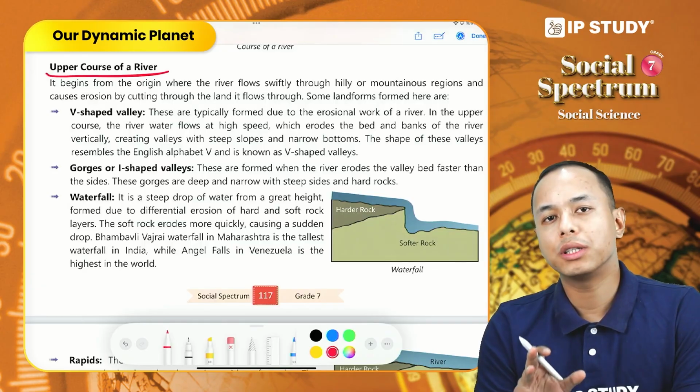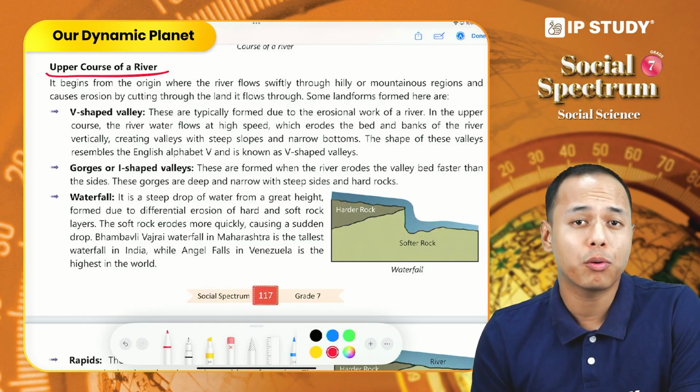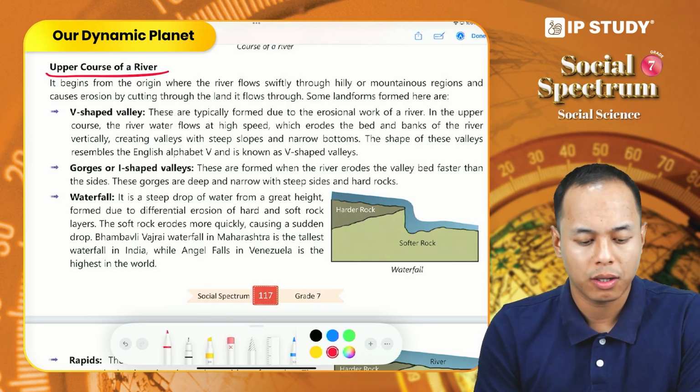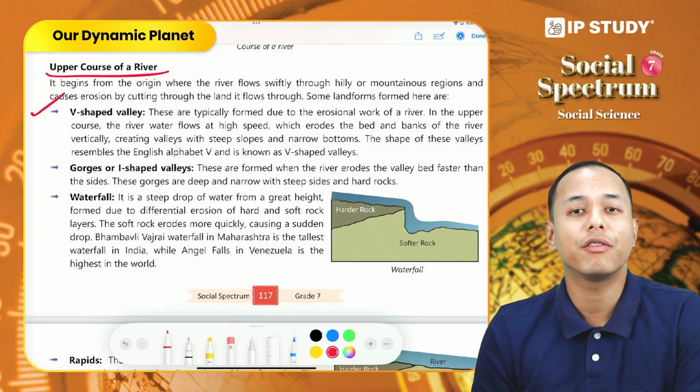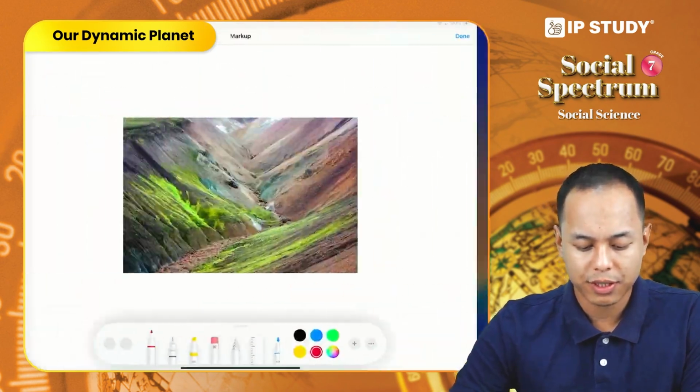So the river originates in the mountains and hills and it flows, and in this portion or course, the main action of the river is erosion. The first landform it produces is the V-shaped valley. So what is a V-shaped valley?